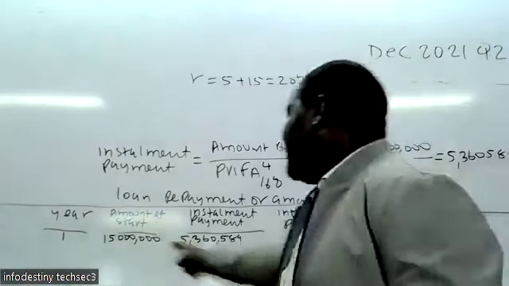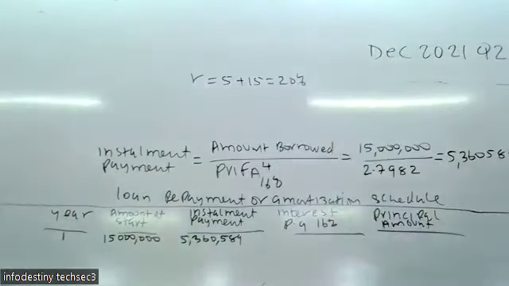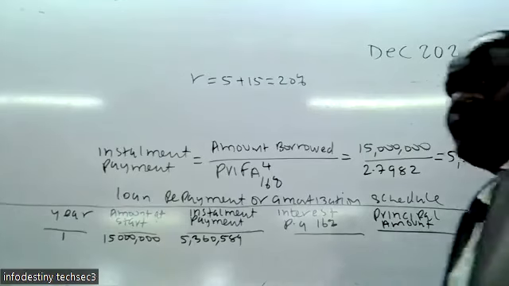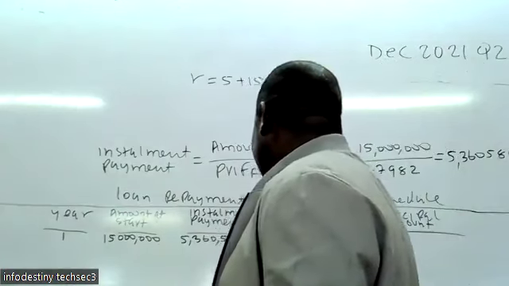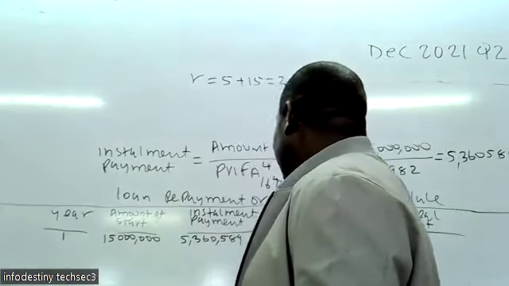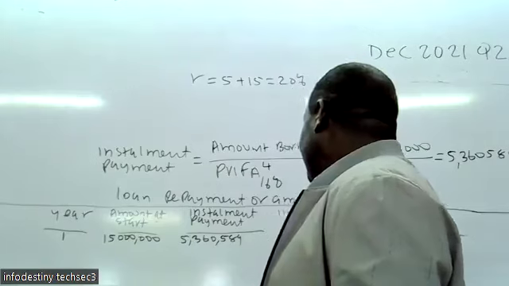So what is 16% of 15 million? It is 2.4 million.